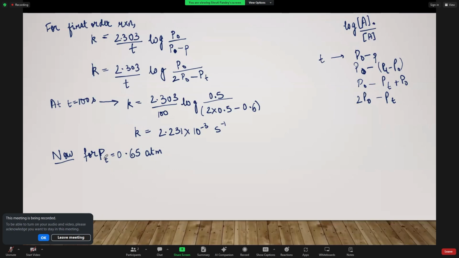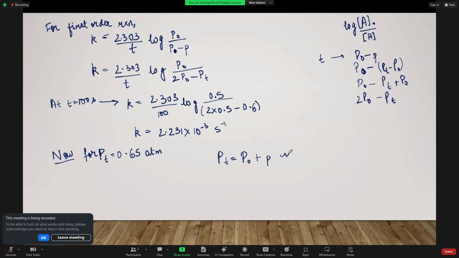They have given you the value of pt. ठीक है, and you know that PT is equal to P naught plus small p. ठीक है, P naught आपको पता है कितने, 0.5 which is the initial pressure, and PT is 0.65.